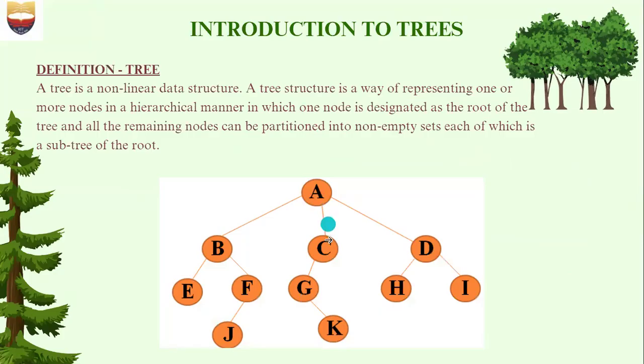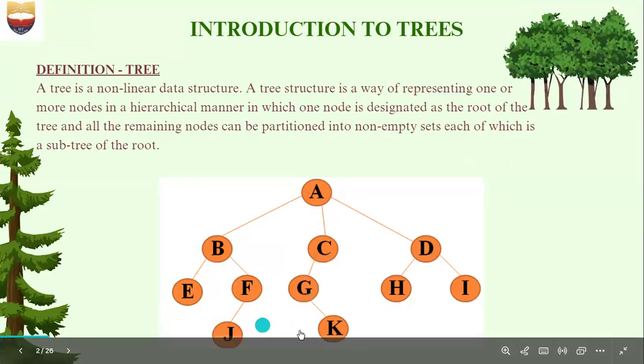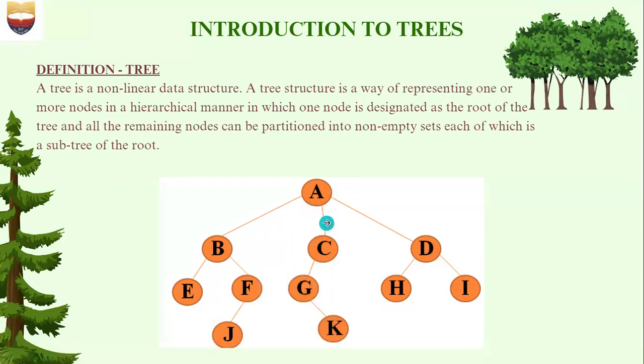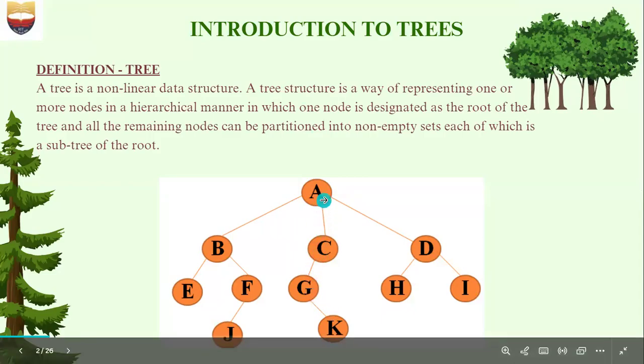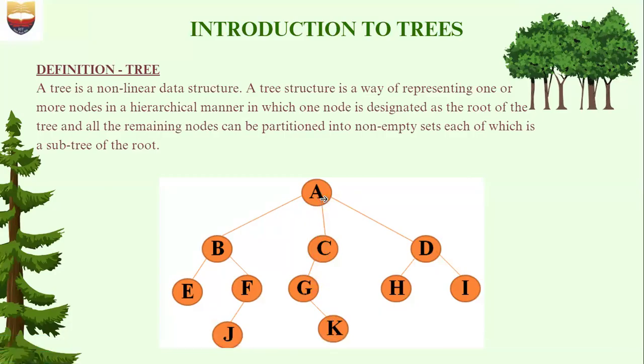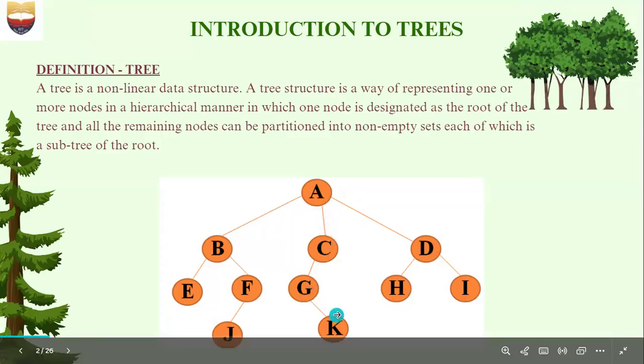And here the deepest leaf nodes are J and K. So I take this path. We can choose either of these two paths. I take this one, A to K. Therefore, here the descendant nodes of A are the successor nodes, that is C, G, K.